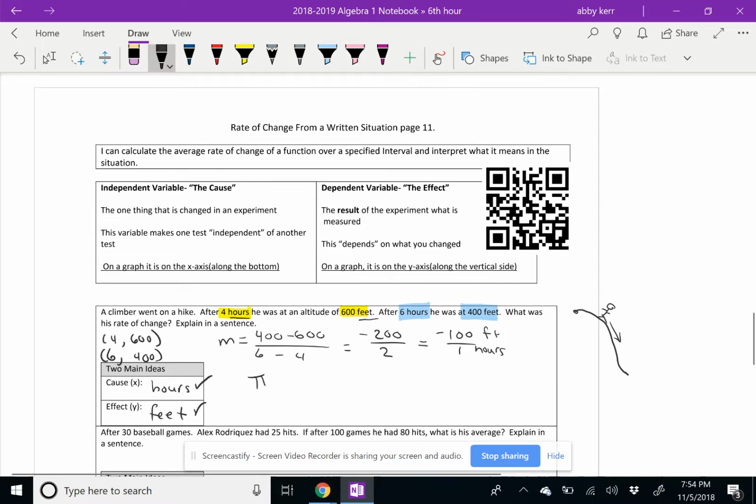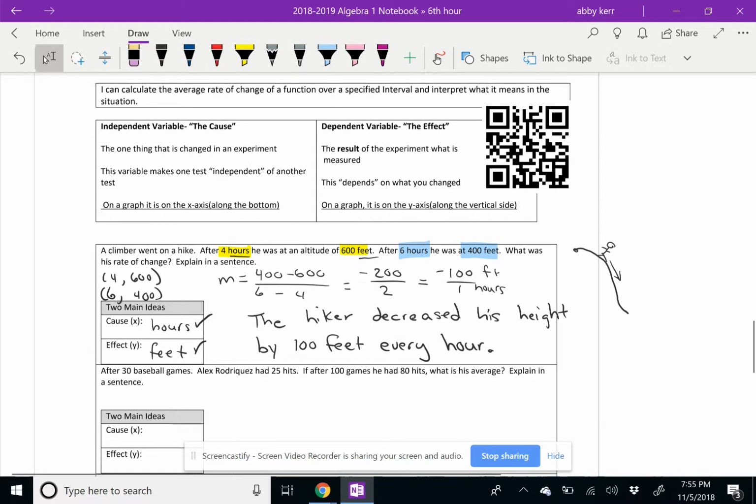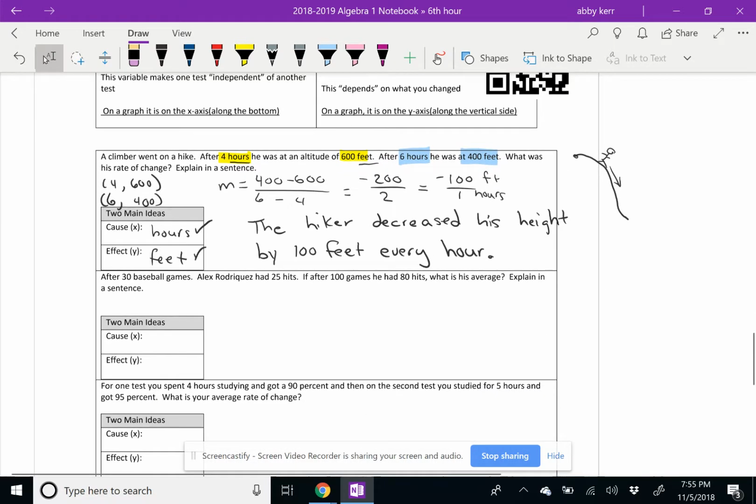So you can say the hiker decreased his height by 100 feet every hour. Now make sure you have a subject, which is the hiker, and then you talked about he decreased his height by 100 feet every hour.